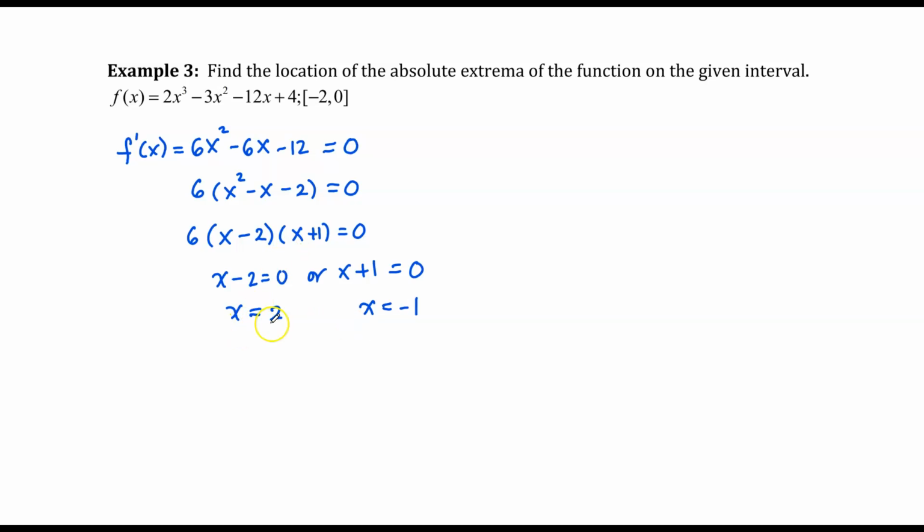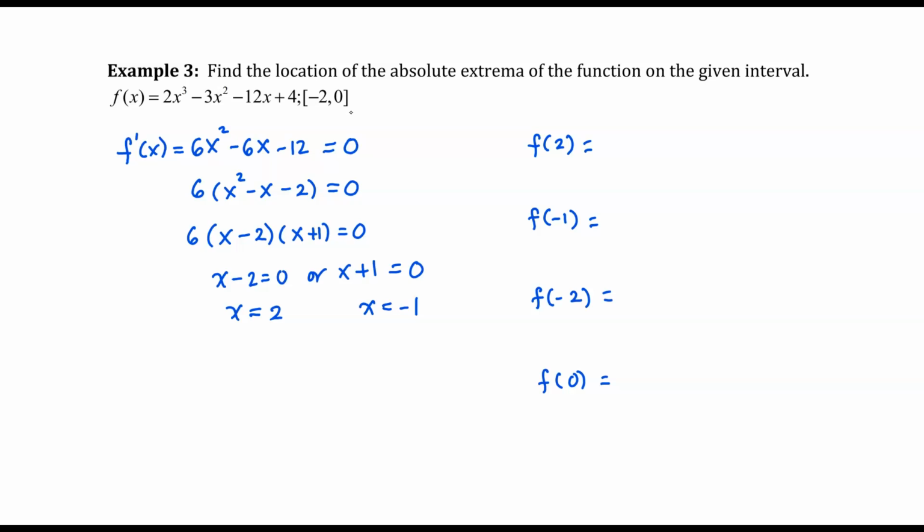Now at this point here, we are going to evaluate the function and also at the endpoints of the closed interval. So we are going to evaluate the function at f of 2, and then f of negative 1, then f of negative 2, and f of 0.